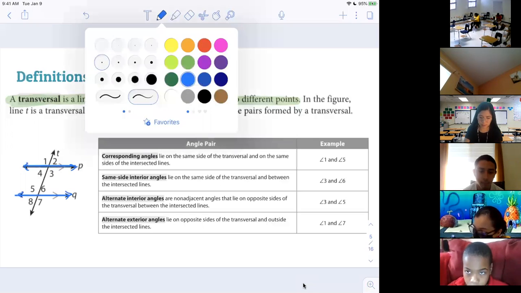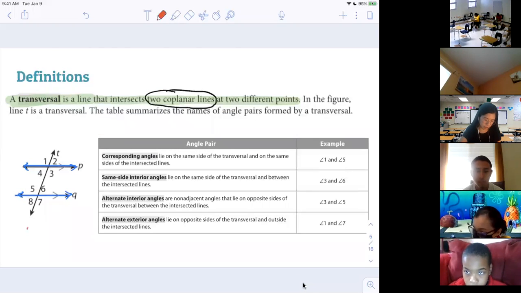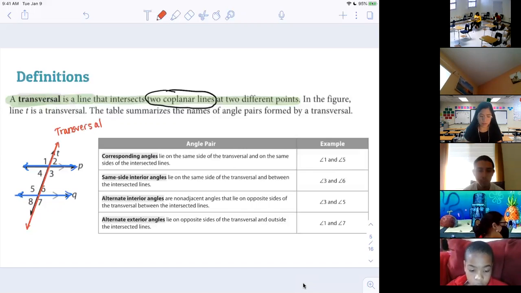And then the transversal line crosses both of them at two different points. So this red line, that's my transversal line. So again, a transversal line is one line that intersects two different lines.